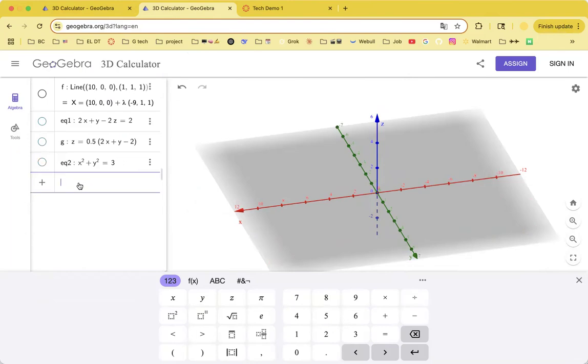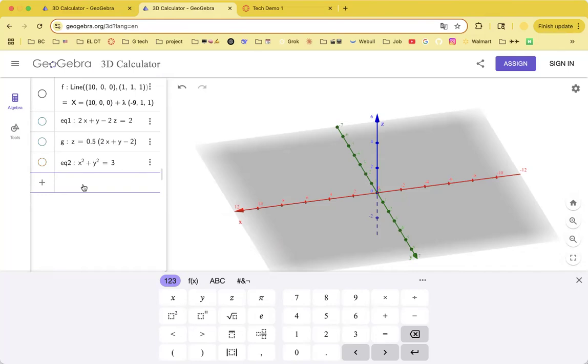We can get x equals square root of 3 cosine of t, and y equals square root of 3 sine of t. And then we plug the values into this equation to get z.